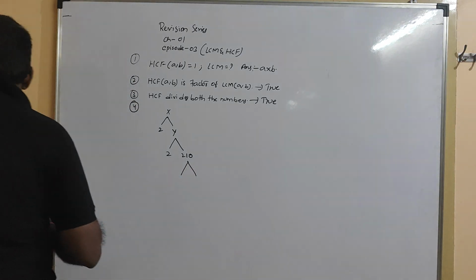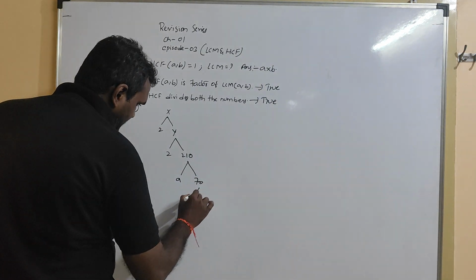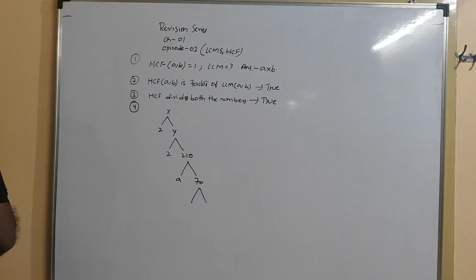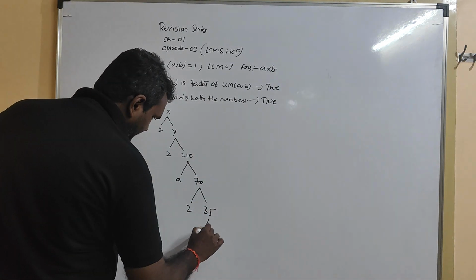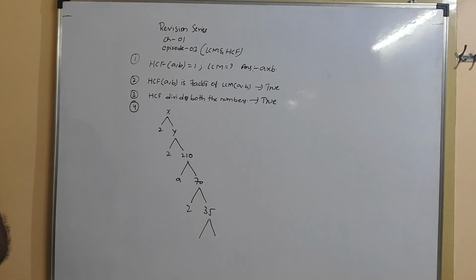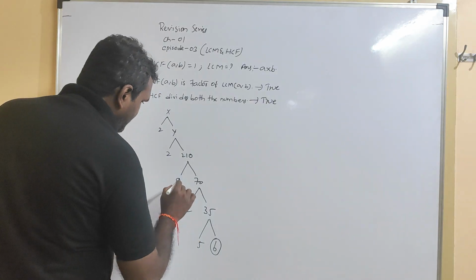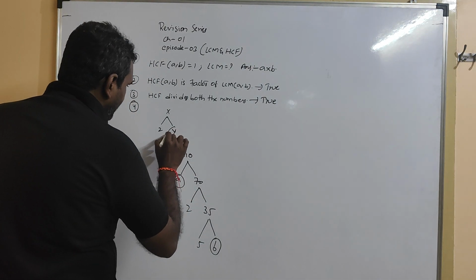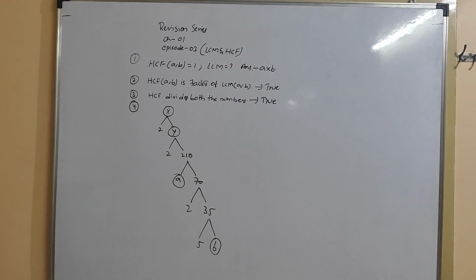Again 210 is divided into a and 70, and 70 is divided into 2 and 35. 35 is again prime factorized as 5 and b. Whatever variables are there, you mark them. This is one method of finding prime factorization, called the tree method.